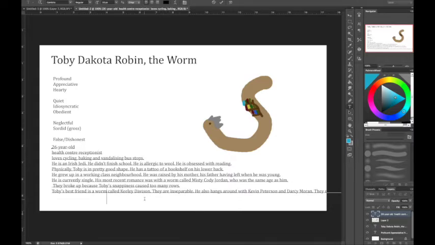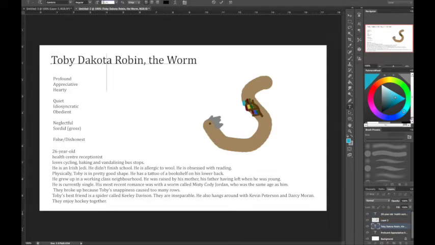We'll just change that to worm. Or, I mean, let's make it a different bug. Let's make it a spider. Oops, a spider. A spider called Keely Davison. They are inseparable. He also hangs around with Kevin Peterson and Darcy Moran, his extremely white friends. They enjoy hockey. Let's write out a better bio here.